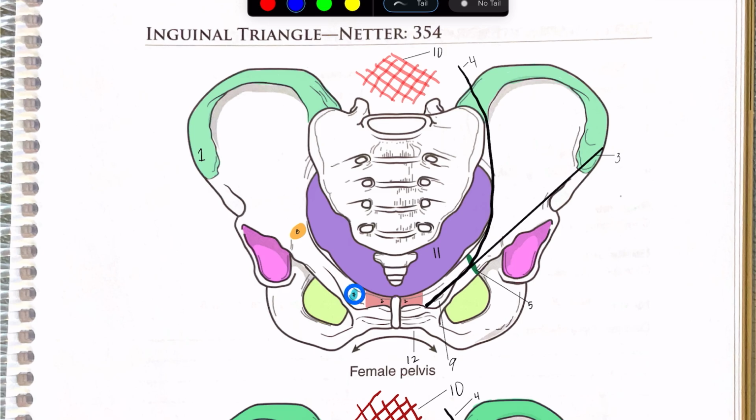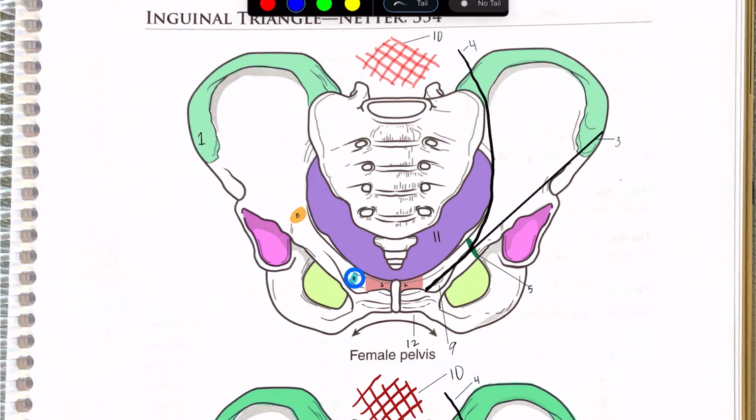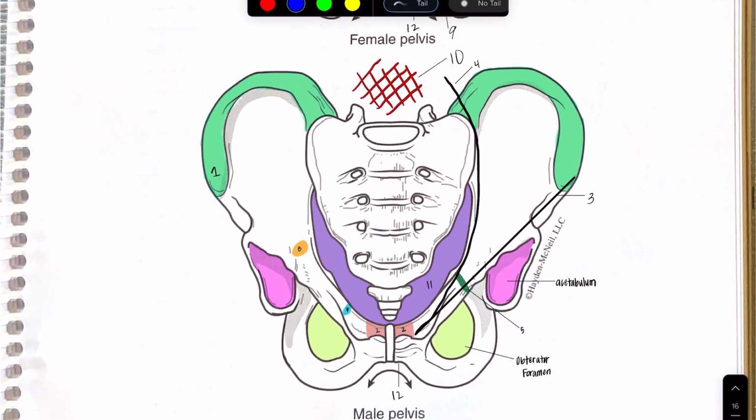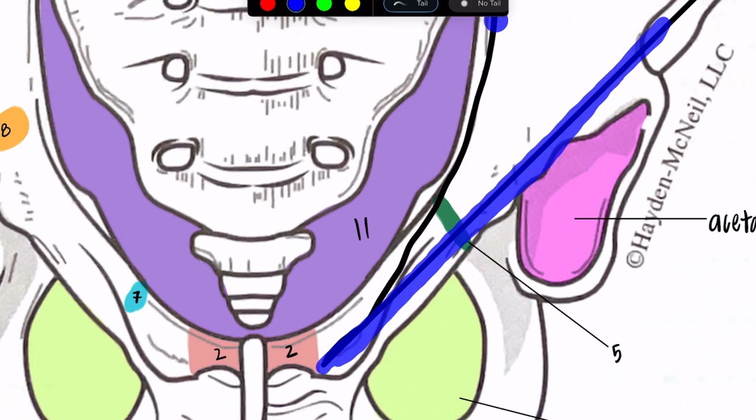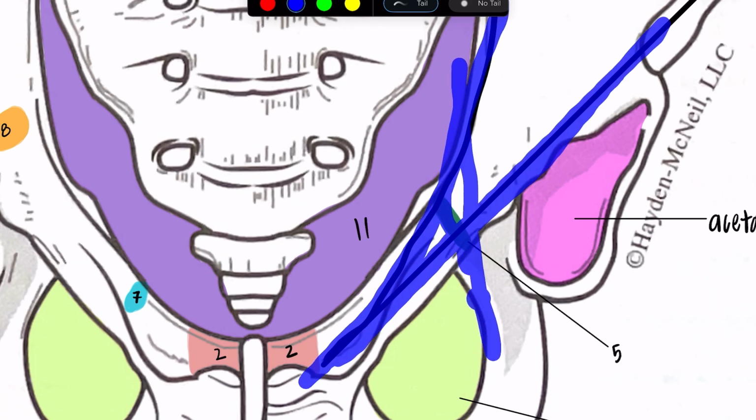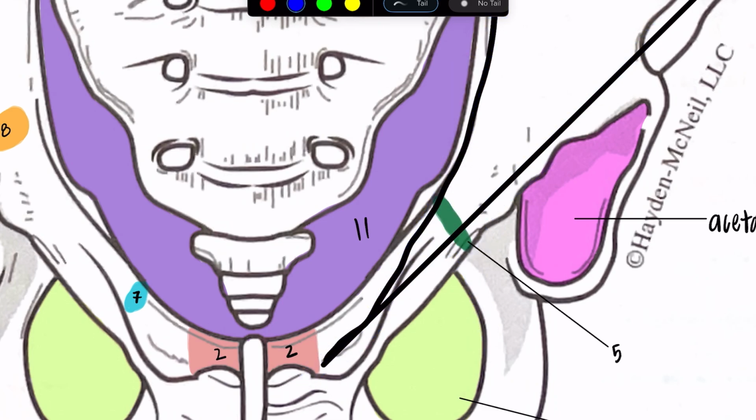Number six is depicting your inguinal triangle. I'll show you right here. This is a better representation. So here's that inguinal ligament, linea semilunaris, inferior epigastric artery and vein. In there is the number six, depicting that inguinal triangle.